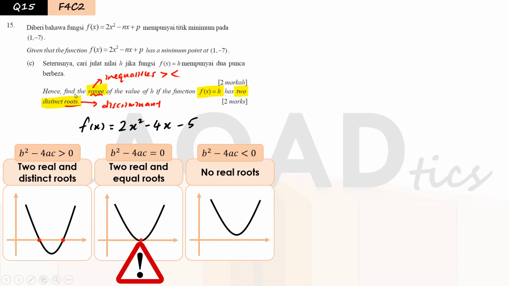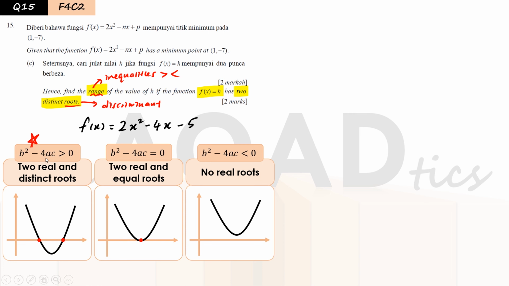Because two distinct roots means that we have two x values, and if we have two x values, it means the graph will touch the x-axis at 2 points. Okay, so this is the discriminant that we need to use, b squared minus 4ac greater than 0.